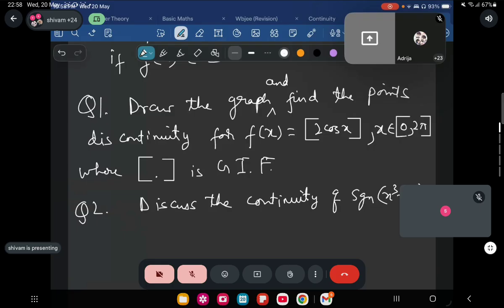Sir, yes, tell me. So in number 1, I will answer the number of points of discontinuity or the exact point where the function discontinues. Exact. Okay. Find the points of discontinuity.